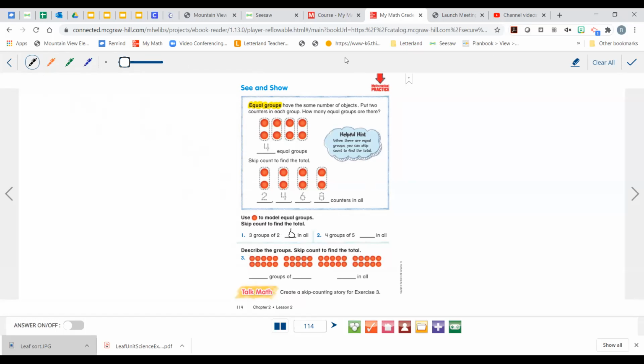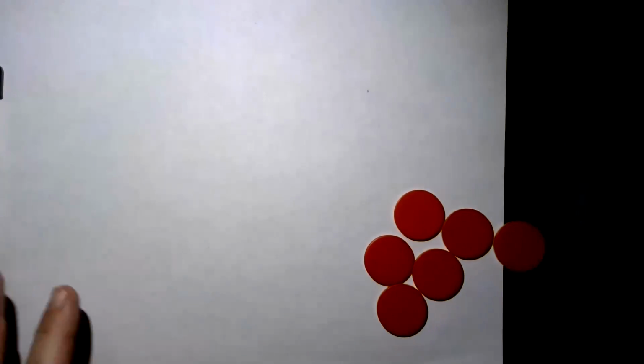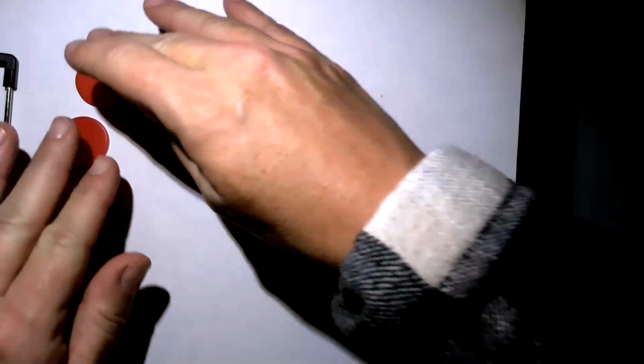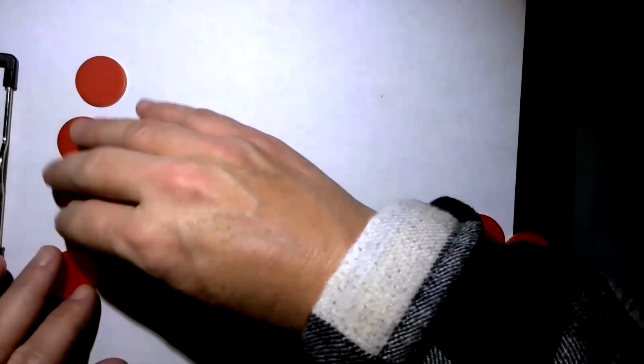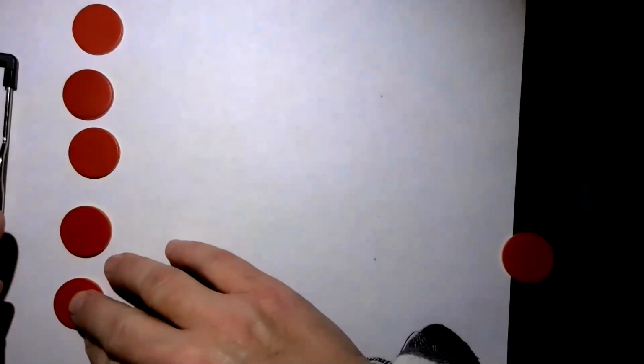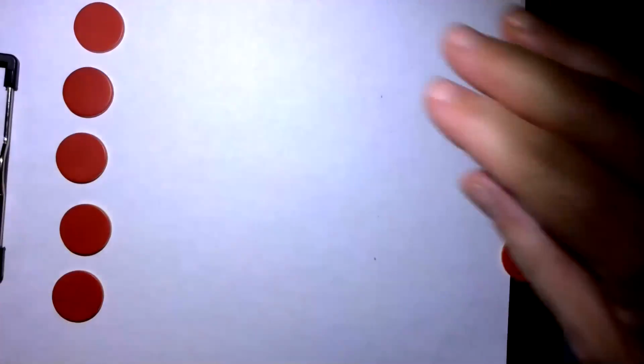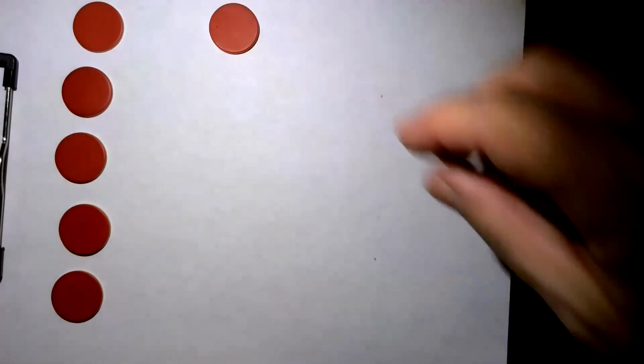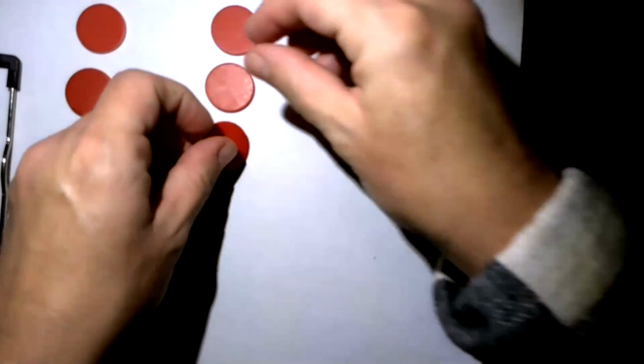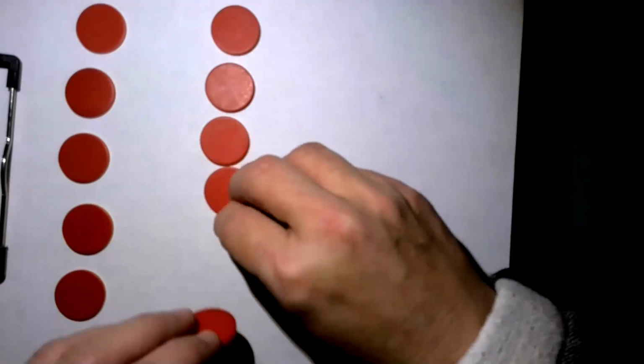Okay, so let's go back. 4 groups of 5. Help me remember that. 4 groups of 5. Okay, so I'm going to do 1, 2, 3, 4, 5. There's one group. 1, 2, 3, 4, 5.